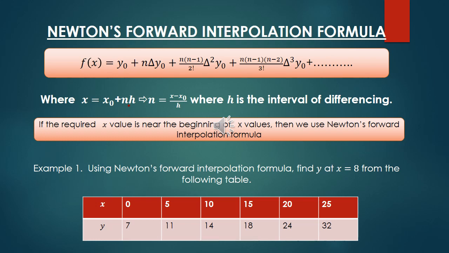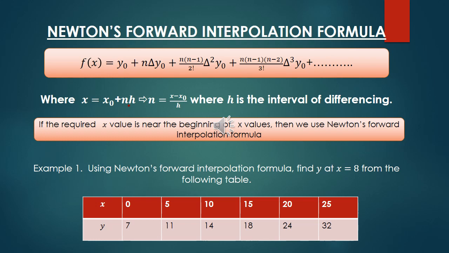Newton's forward interpolation formula is defined as f(x) equals y0 plus n delta y0 plus n(n minus 1)/2 factorial delta squared y0 plus n(n minus 1)(n minus 2)/3 factorial delta cubed y0 plus, etc., where x equals x0 plus nh, h is the interval of differencing, and for convenience we choose x0 as the first given x value.